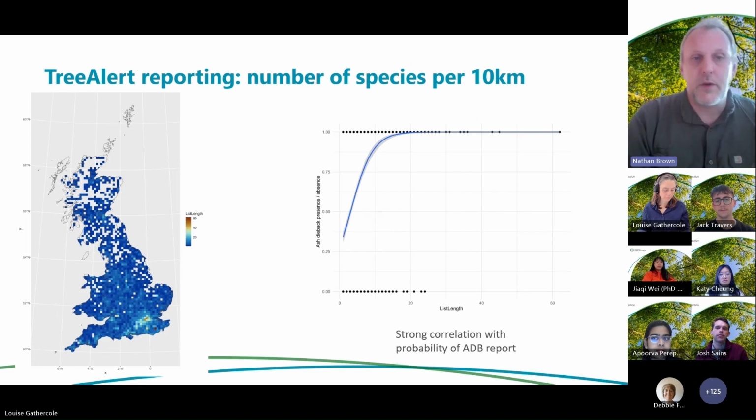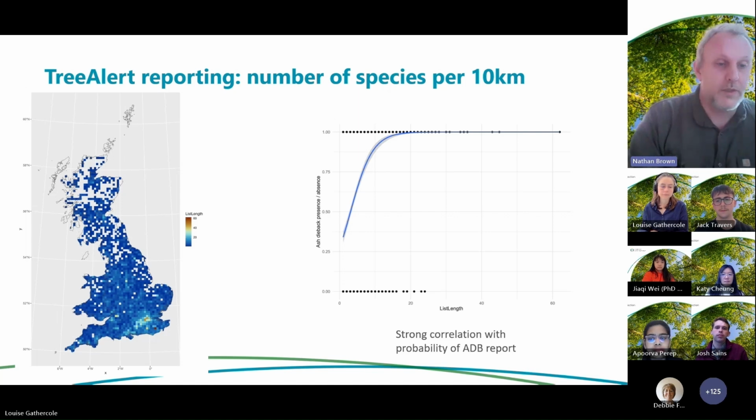So our first step was trying to handle as much of this bias as we could. So we're looking at the total reporting through Tree Alert now and counting the number of different species that are reported in each 10-kilometre square. And we can see roughly there's a similar bias south and west. More reporting occurs. It's definitely got some links to urban areas.